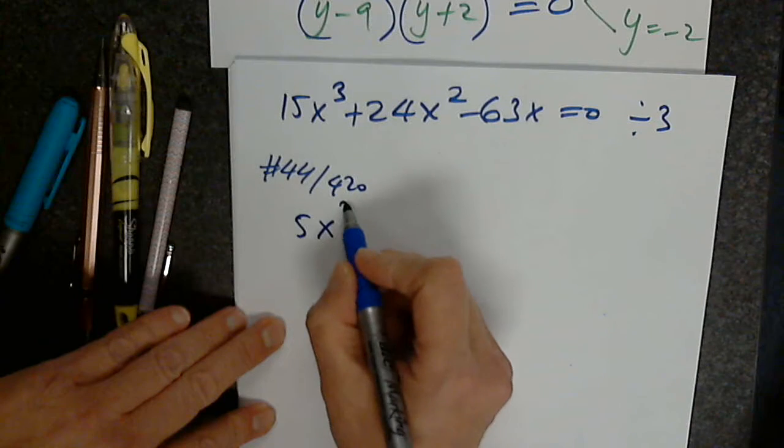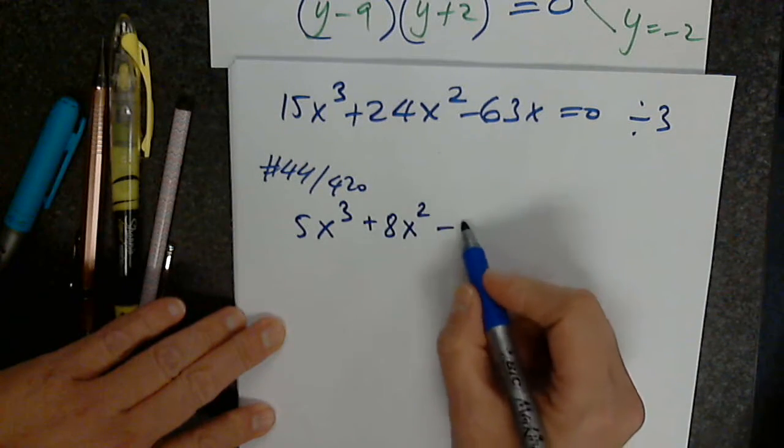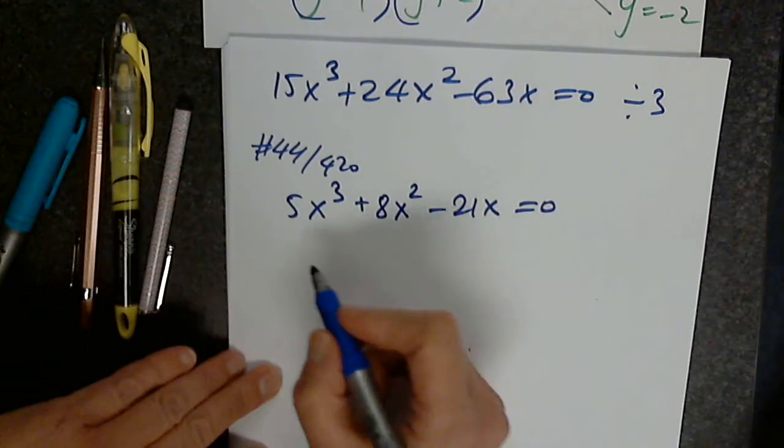So I get 5x cubed plus 8x squared minus 21x. And then I will factor out x.